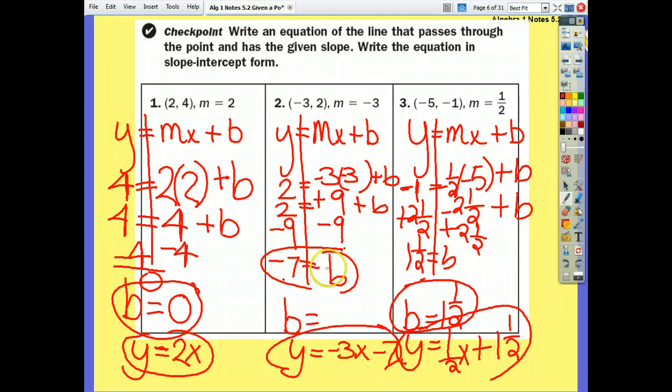Here, we have b equals -7, so y equals -3x minus 7. Here, now she did hers all in fractions, which is awesome. For those of you that did them in decimals, just again, make sure that you convert it into fractions down here in case you ever have to graph it. b equals 1 1/2. Some of you might have 1.5, so you just convert it. Y equals 1/2 x plus 1 1/2.